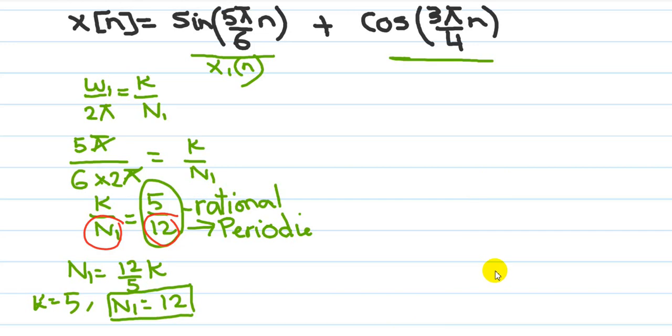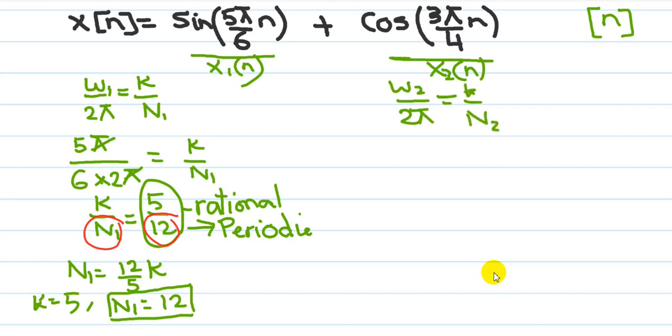Similarly, we do the same thing with the other signal. Let's suppose this is x2 of n. This should be square brackets, but I'm writing the other bracket, so please assume it is the same. As long as we have n, this is a discrete time signal. So omega 2 divided by 2 pi will be equal to k by n2, and what is omega 2?